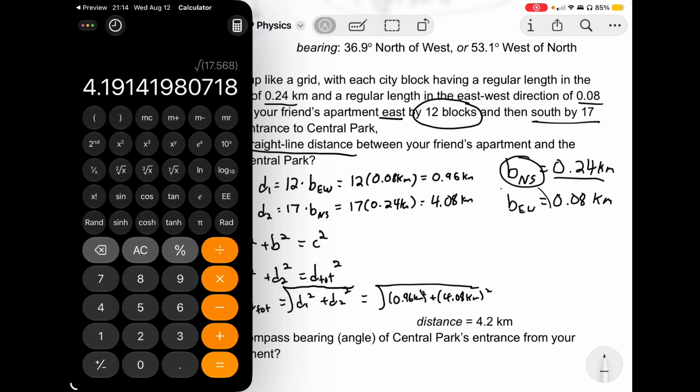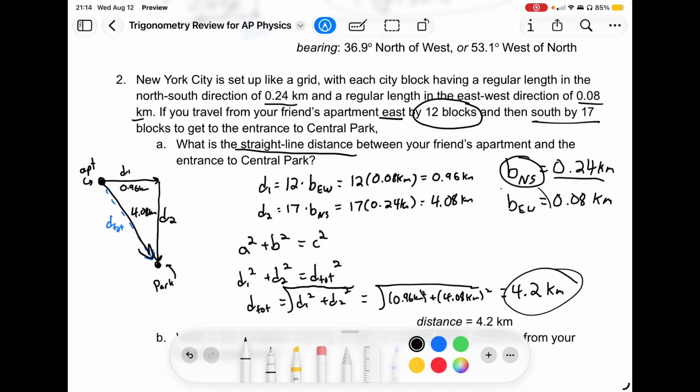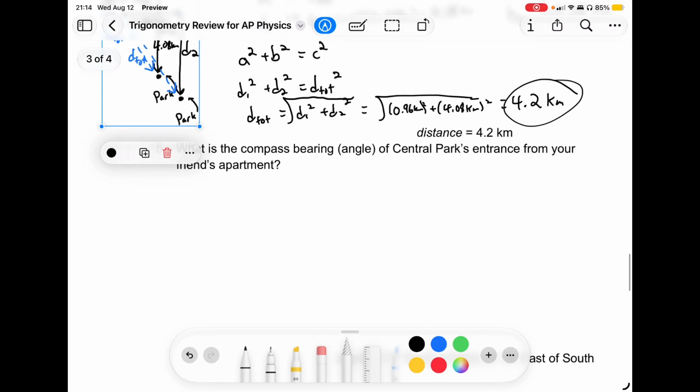If we take the square root of that, that'll be about 4.198, or 4.2 kilometers, is our straight line distance from our apartment over to our park. That is the length of our total displacement vector. So now let's find our angle for all of this.